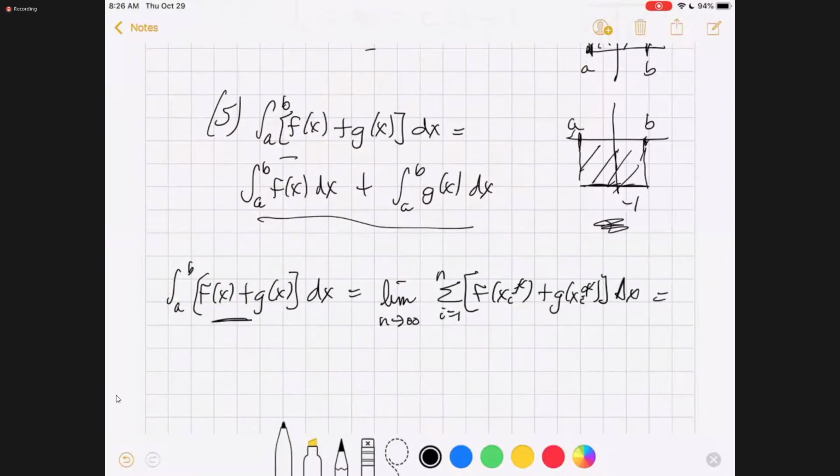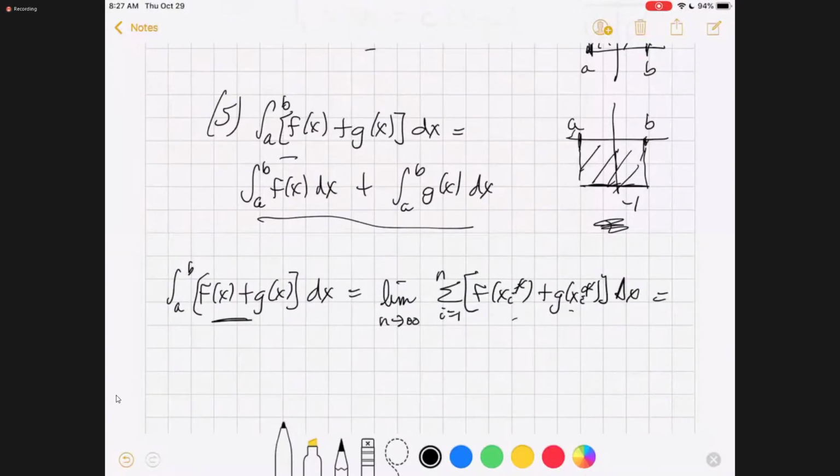This is the sum of two numbers, and I can rearrange those numbers, because addition of real numbers commutes and associates. That is, a plus b is b plus a, and a plus b plus c is the same whether you add c to a plus b or add b plus c to a.